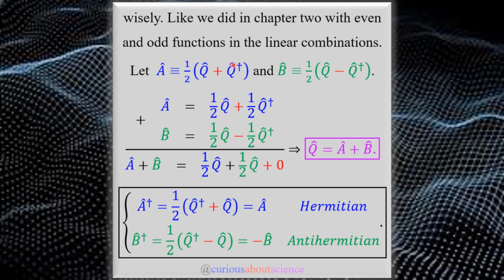The double dagger will undo each other, and so I'm left with A. Notice that even if I were to have a minus on both of these things, they would cancel out. We're fine there. We just need to see now that that's the case with B. If we take the dagger, we switch the sign here, and the sign switch is what we would factor out, and that's what gives us the negative B. So B is anti-Hermitian, A is Hermitian, and we're good to go for everything that's needed.